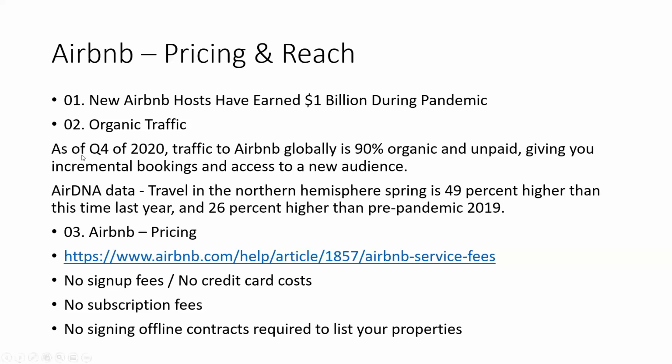And the second point is really important, the organic traffic, because a lot of the traffic coming through Google has pretty much been ads. If you search for a specific location, let's just say Houston, for instance, you're going to see nothing but ads.